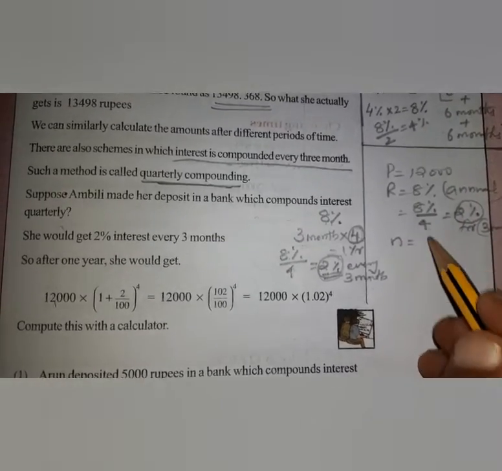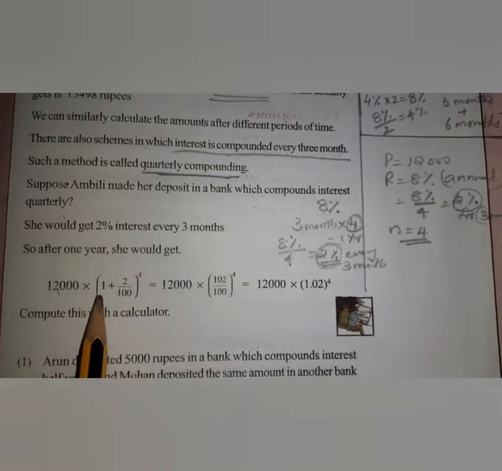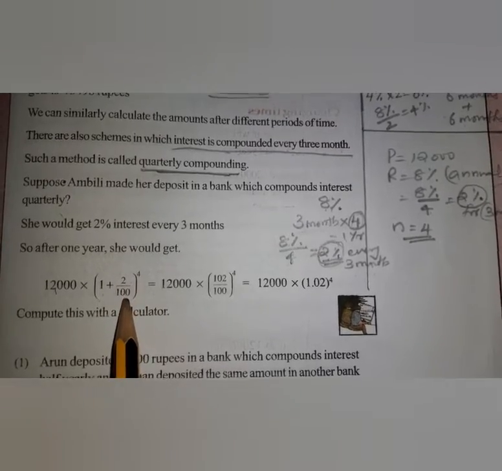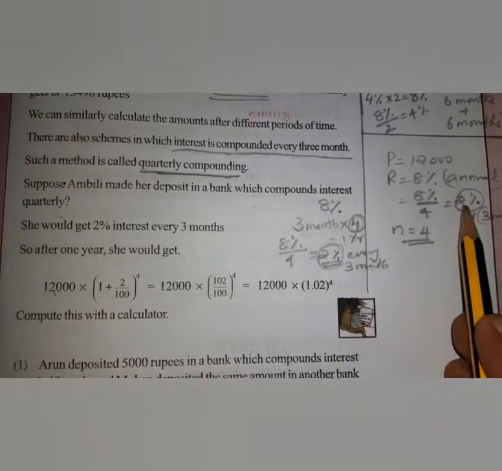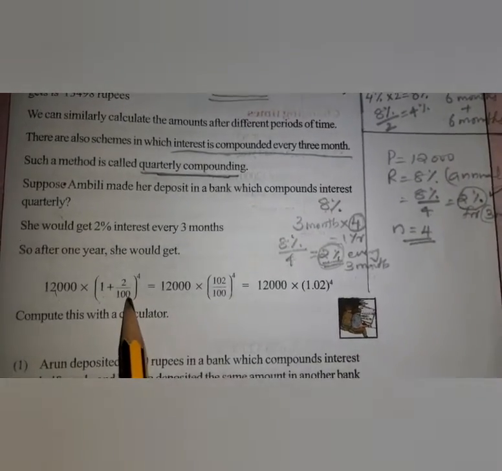Then how many times do you have to calculate? 4 times. So substitute in our equation: 12,000 into 1 plus R by 100. R is how much? 2%. So 2 by 100. And how many times? 4 times.